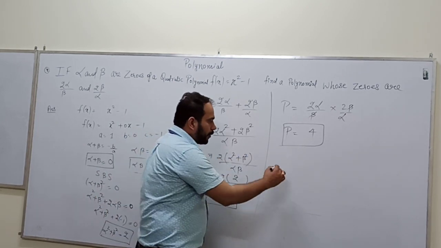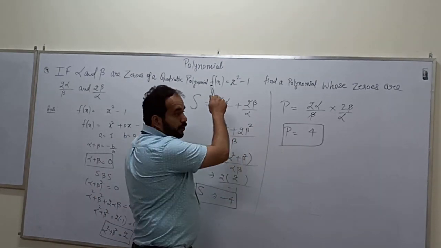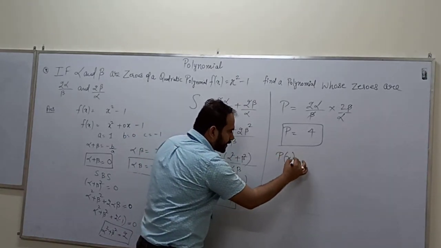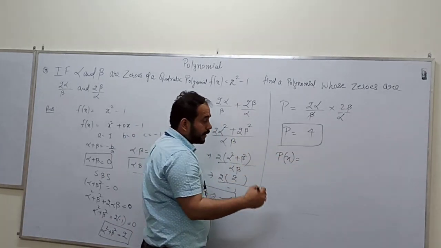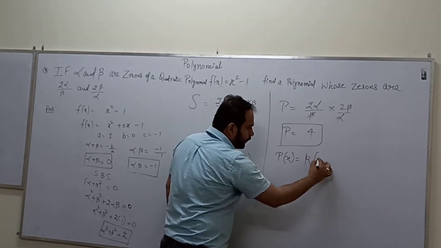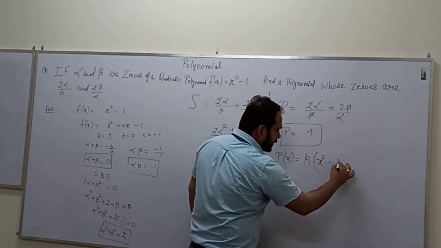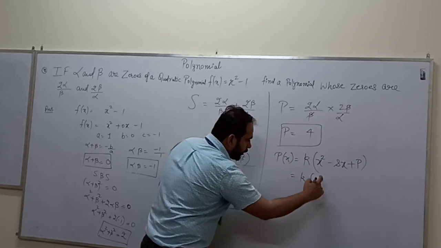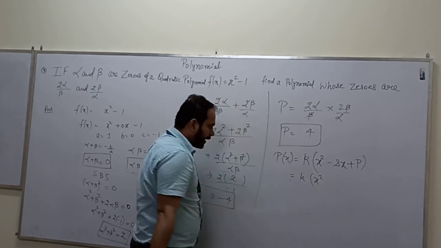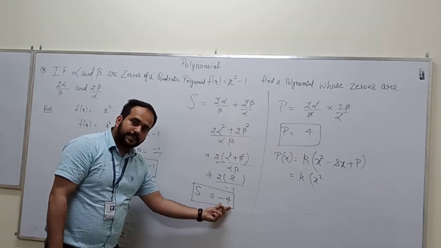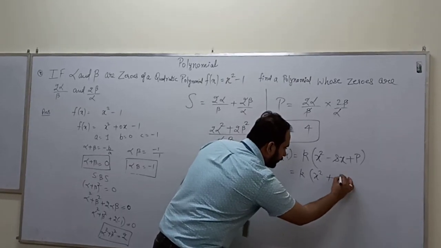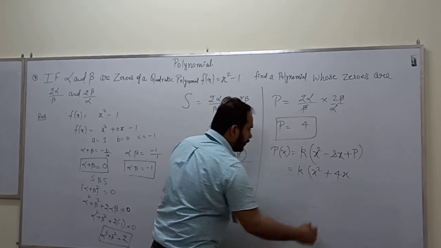Last thing, polynomial. Earlier polynomial is f(x), so I can take the new polynomial as p(x). p(x) will be equal to, what is the formula? k into x square minus sx plus p. k into x square minus sx, s is minus 4, so minus of minus 4 will become plus 4x plus product.